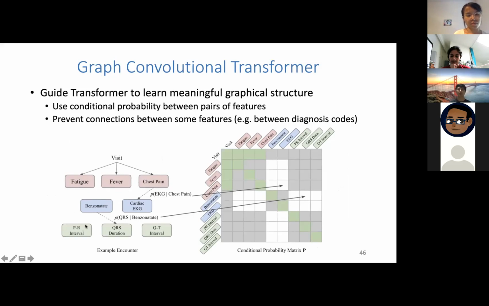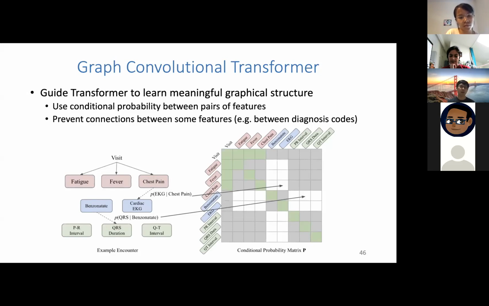But what we can calculate is the conditional probability between pairs of codes. For example, what is the probability that you see EKG given chest pain in the same visit? And in the same manner, what is the probability that you see QRS duration in the same visit when a given benzonatate is also in the visit, something like this.